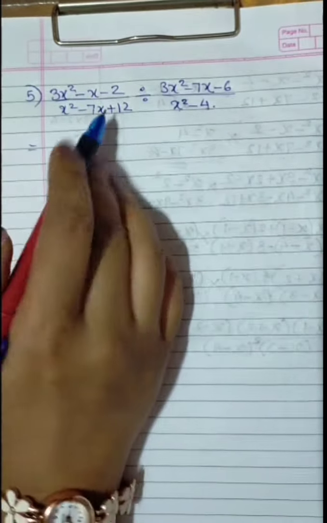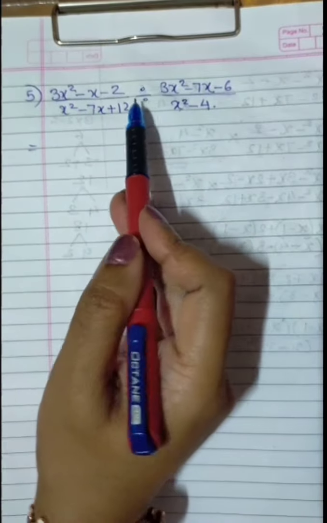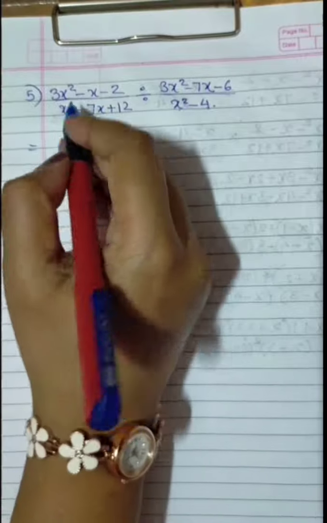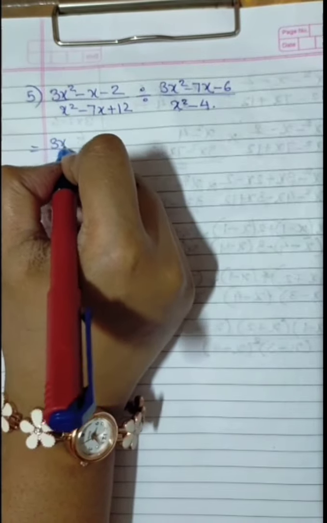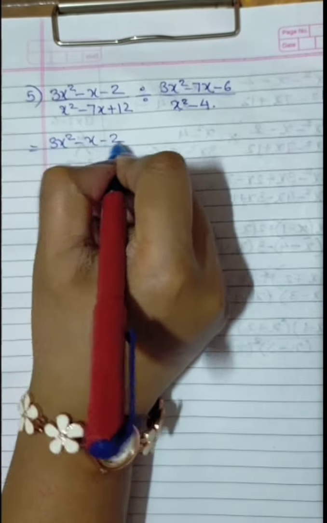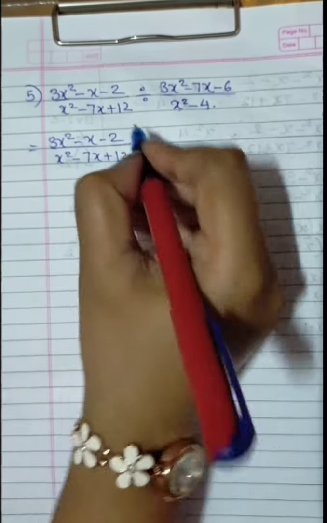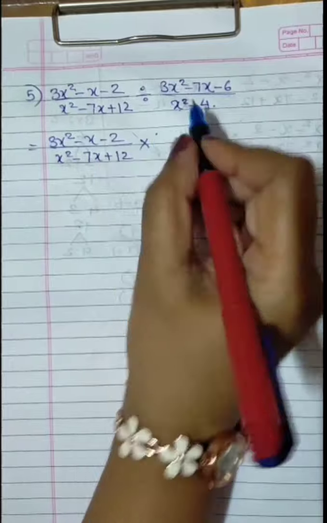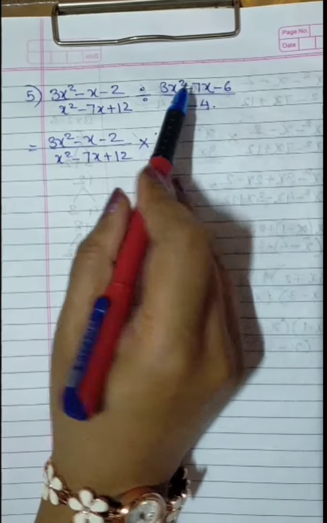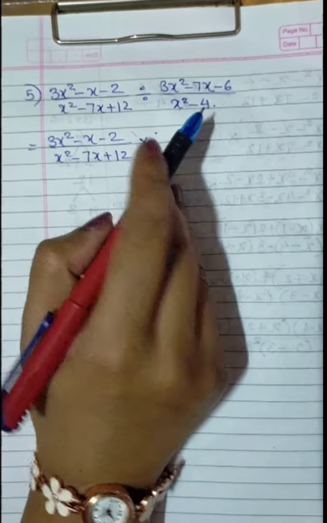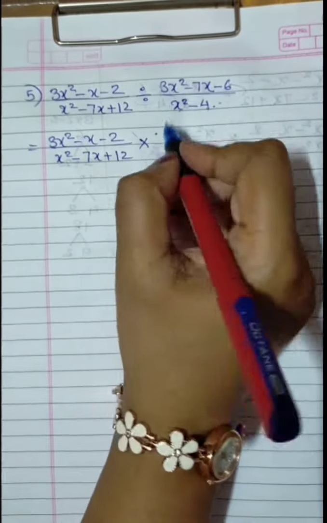So first we have to convert this divide sign to multiplication. So I am doing that. 3x square minus x minus 2 upon x square minus 7x plus 12 multiplied by, now the denominator will come in the place of numerator and numerator will come in place of denominator. So here the place value changes.